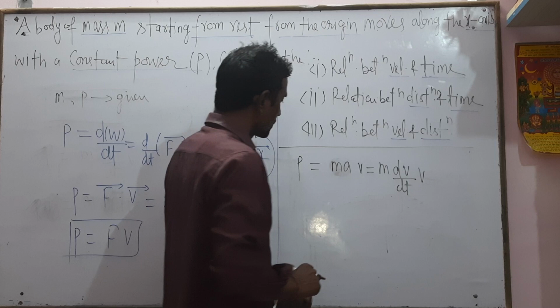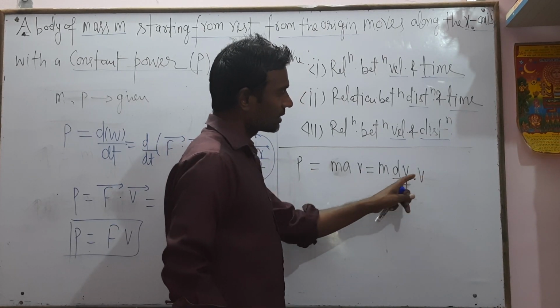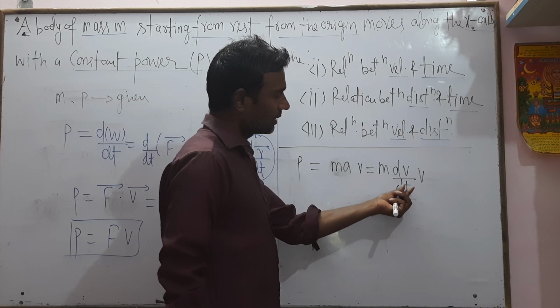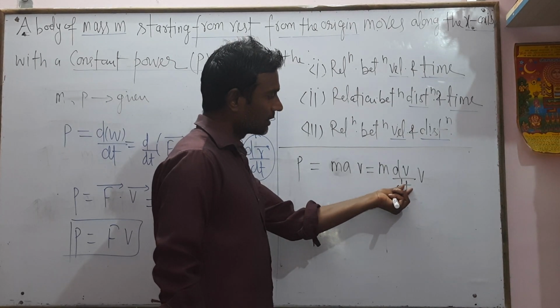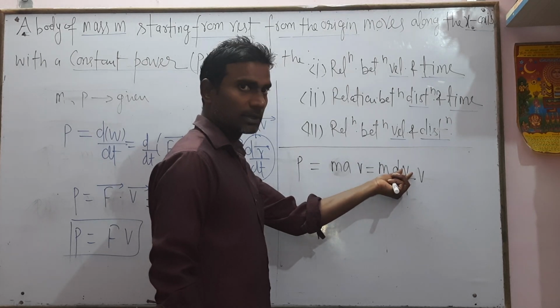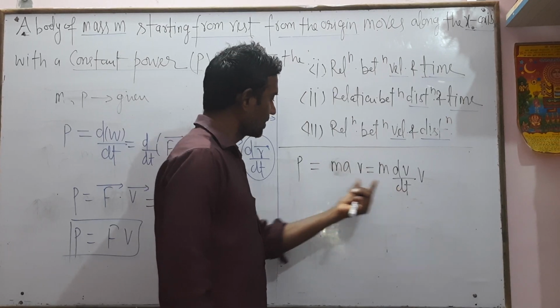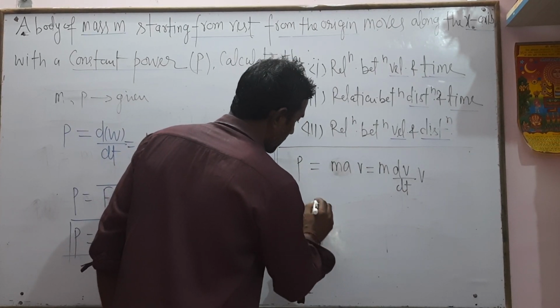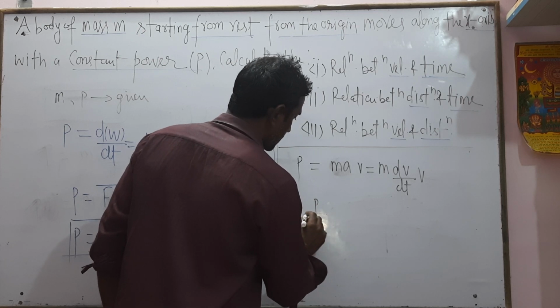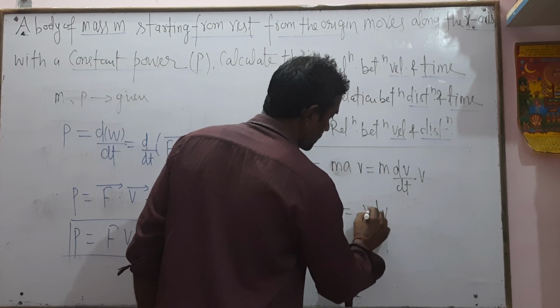P is constant and mass is constant, and v is the variable. In differential form, dt and dv are given, so we can use variable separable form. Shifting dt to the left-hand side, we get P by m into dt equals v into dv.